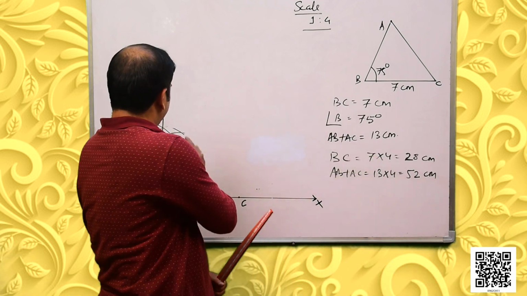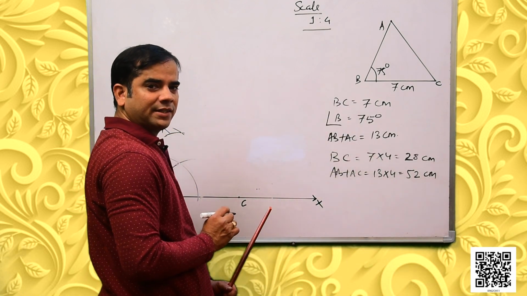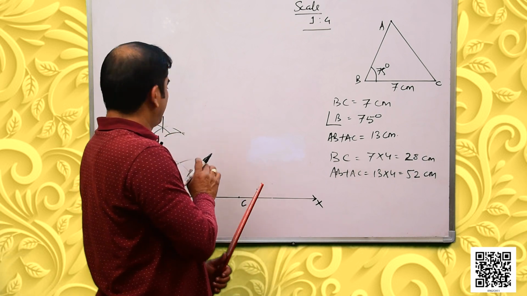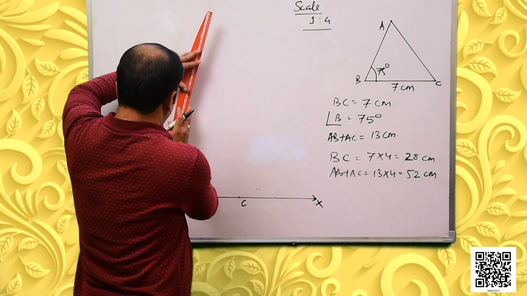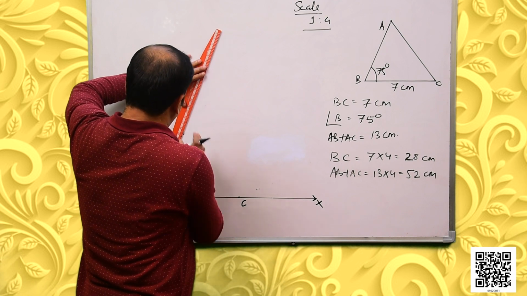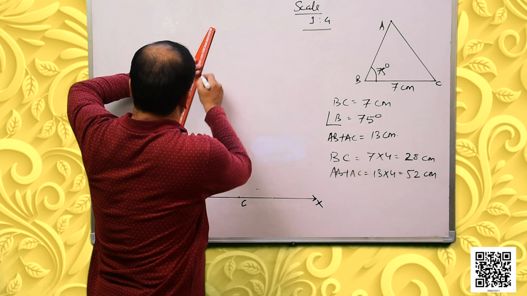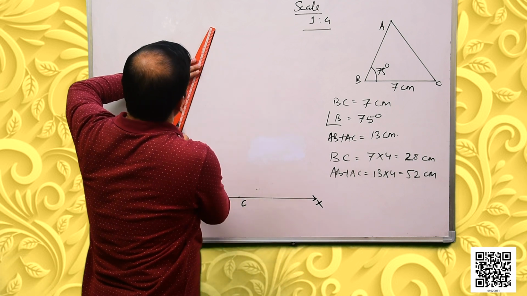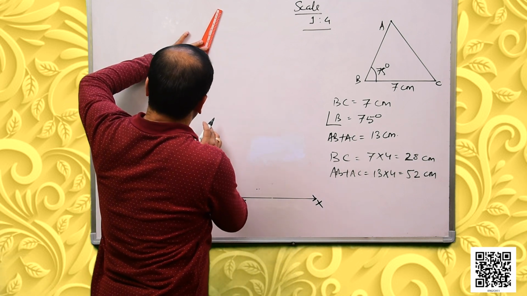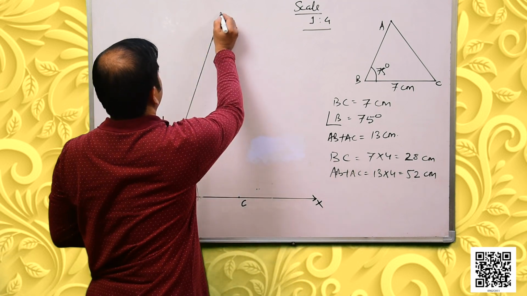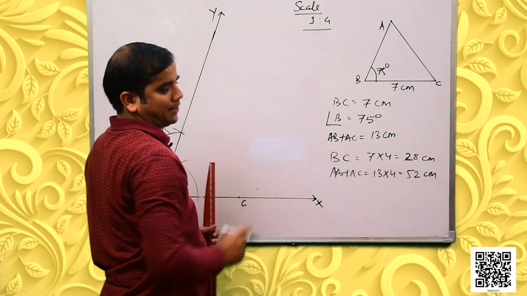As you can see, this is the point of intersection of two arcs. When it is joined with B, we will have 75 degrees. Let us join these two points and extend the line. This is point Y.